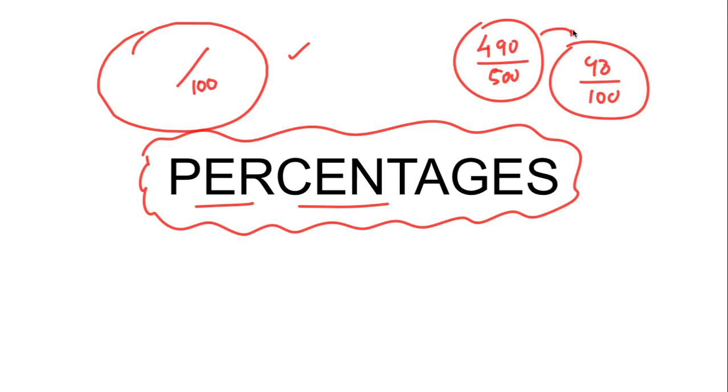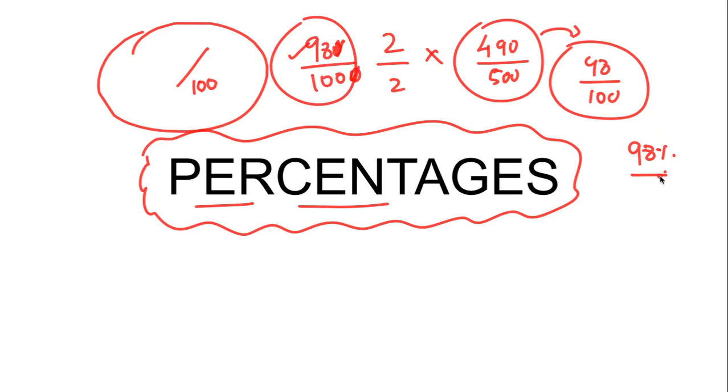So generally this is called 98%. In fact, you can even multiply it by 2 in the numerator and denominator. You will get 980 out of 1000. If it is 980 for 1000, for 100 it should be 98, correct? So that is 98%. Or generally we multiply by 100, which will give you the actual percentage value.